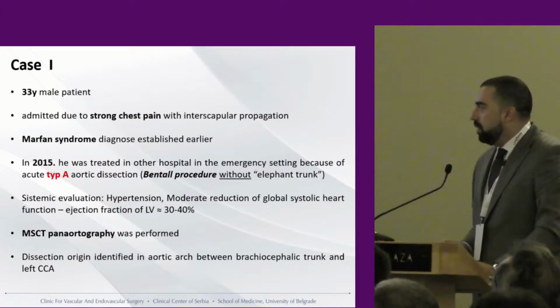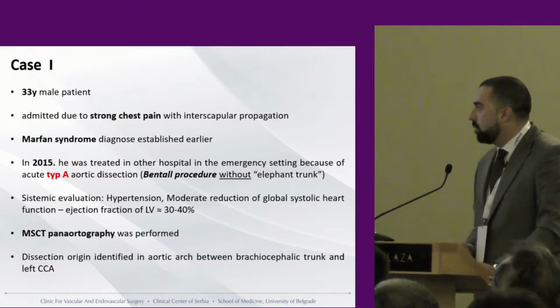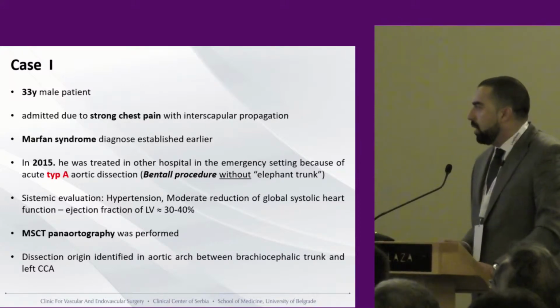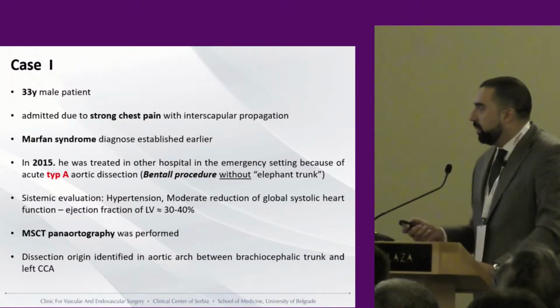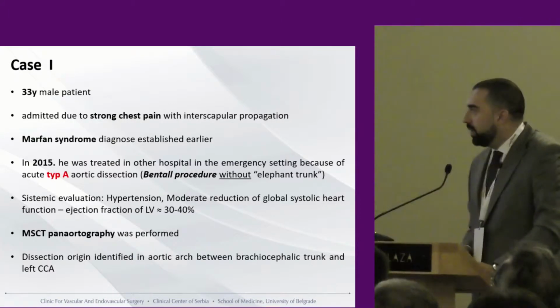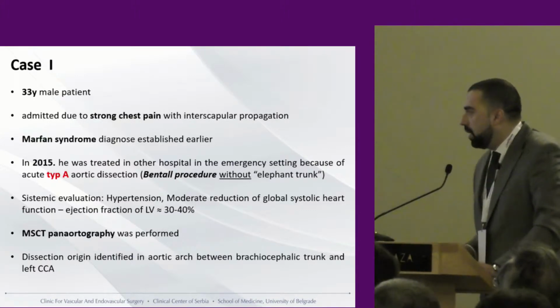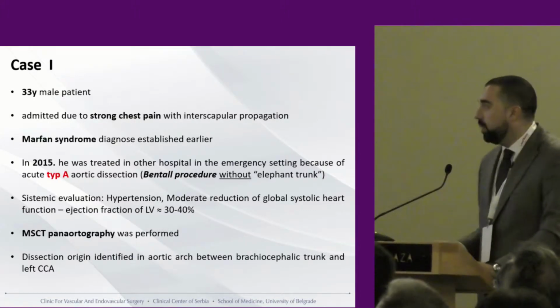Systemic evaluation in our hospital showed hypertension, moderate reduction of global systolic heart function with the ejection fraction of left ventricle between 30 and 40%. MSCT angiography was performed, and we saw the dissection with intimal flap position in the aortic arch between the brachiocephalic trunk and the left common carotid artery.